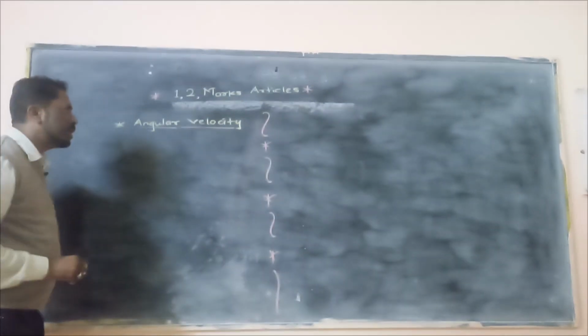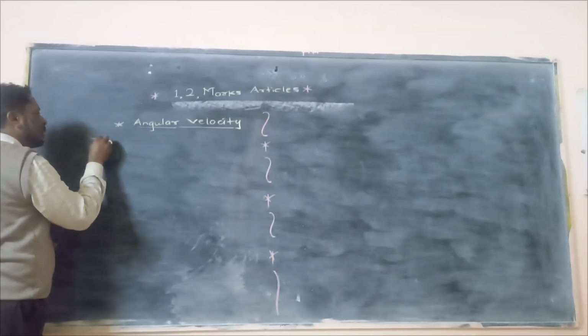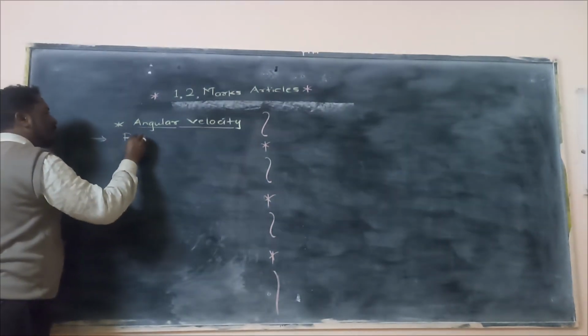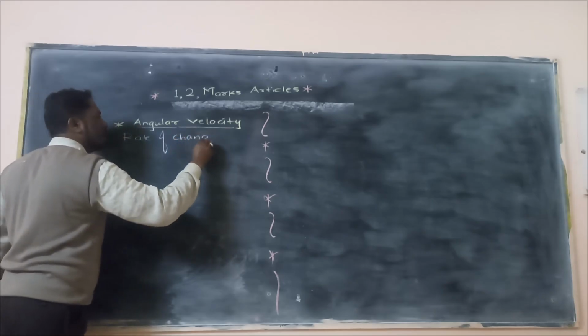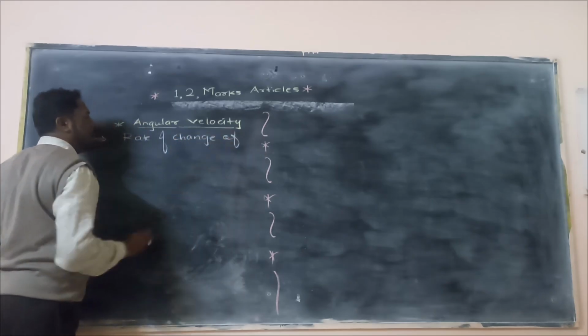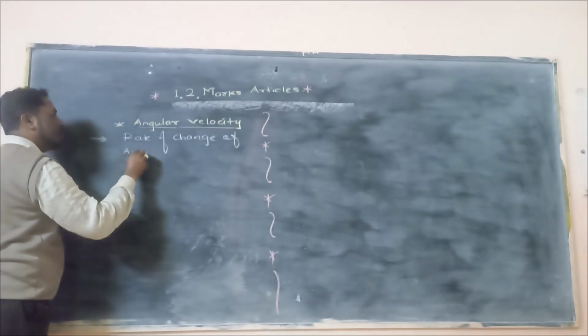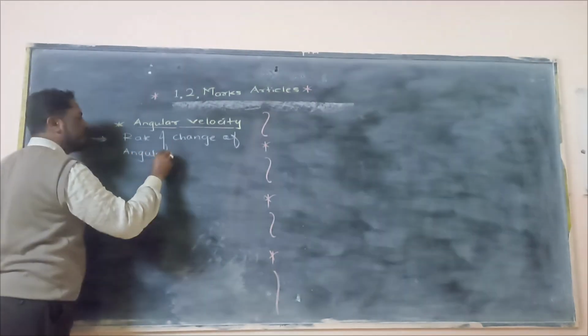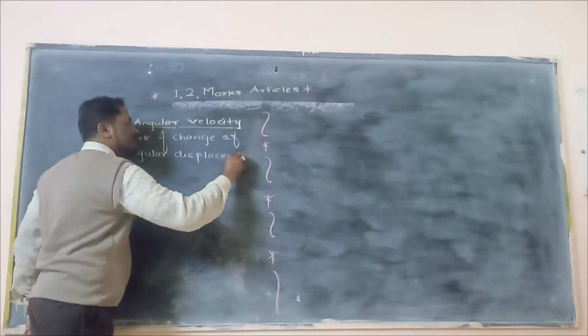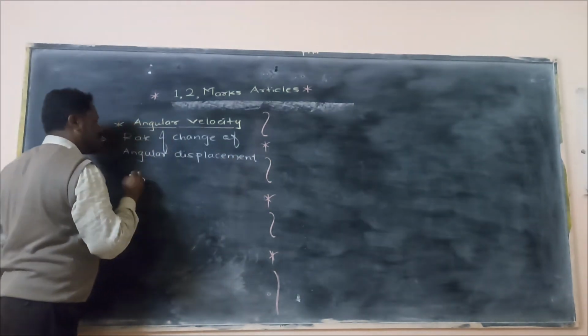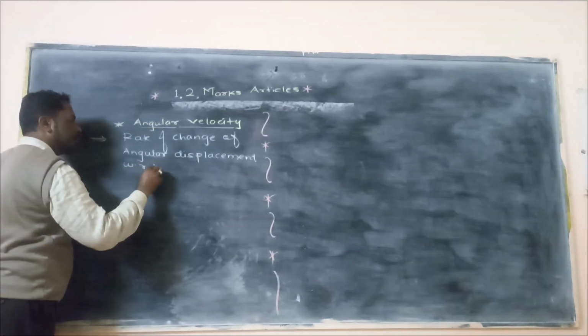The simplest definition of angular velocity is the rate of change of angular displacement with respect to time.